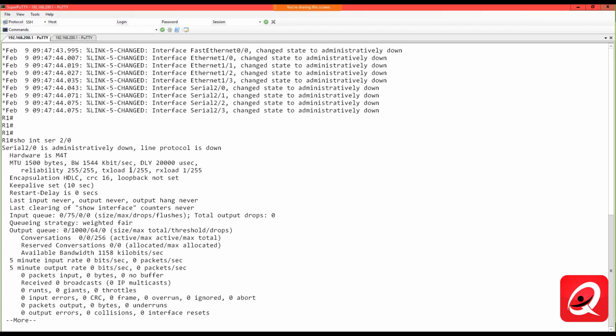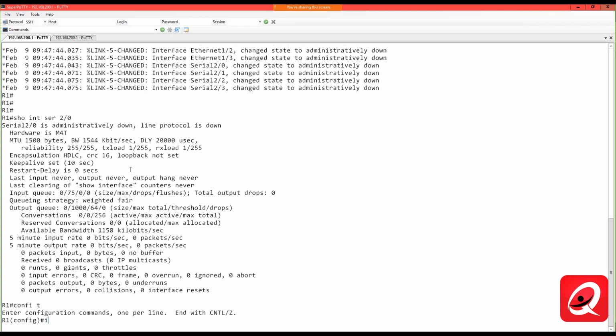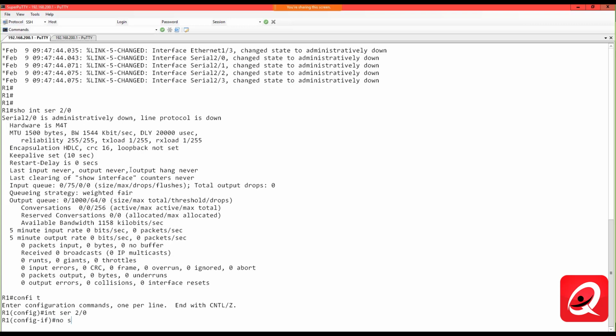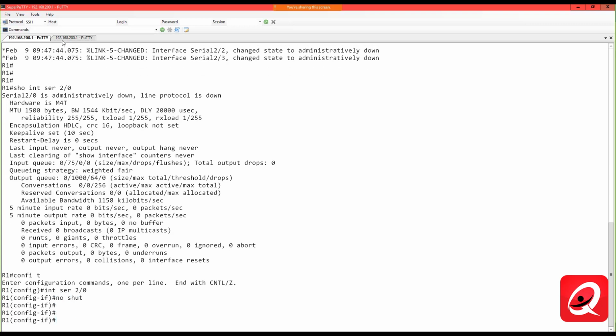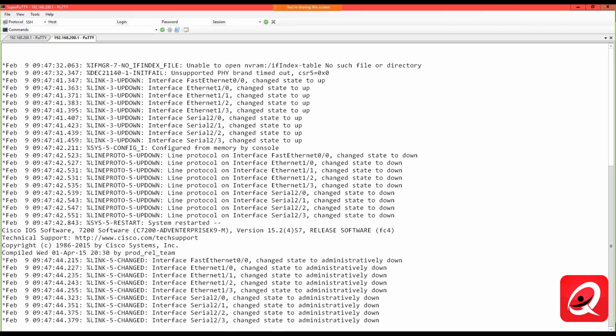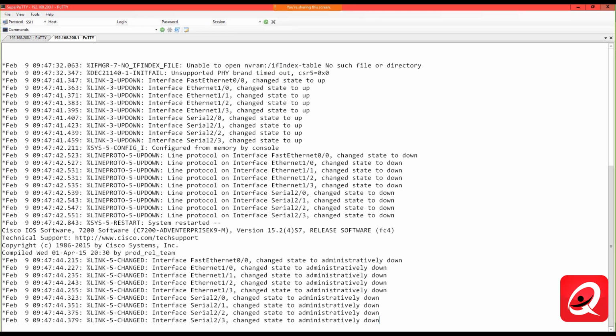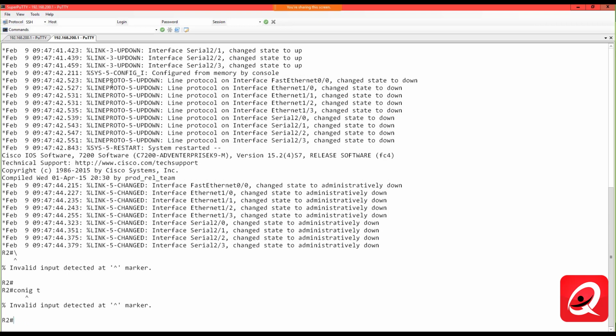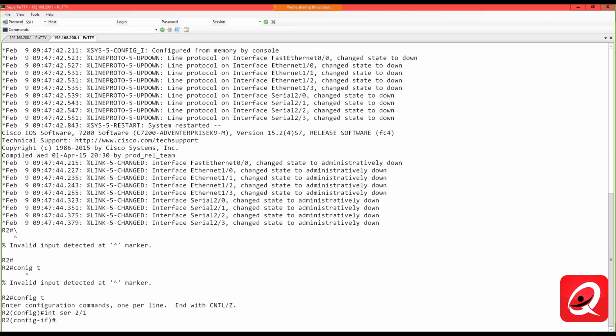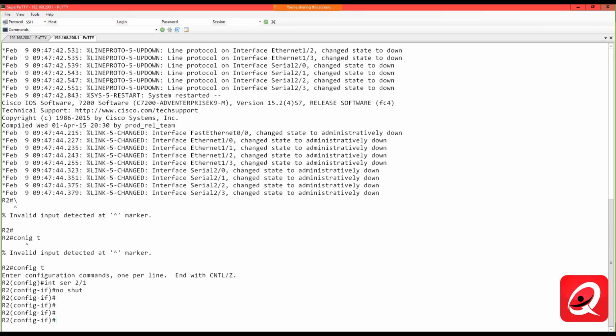But if I do a quick show interface serial 2/0, you can see that even though the interface is presently shut down, the default encapsulation is HDLC. Configure interface serial 2/0, no shut. On the other side, I believe it's 2/1. Config t, interface serial 2/1, no shut.